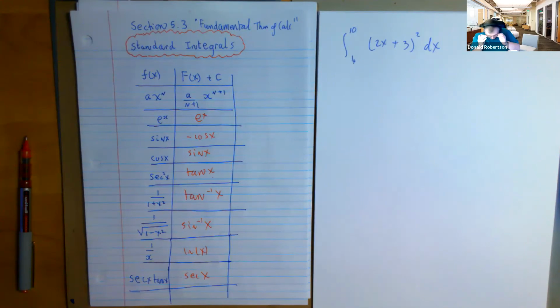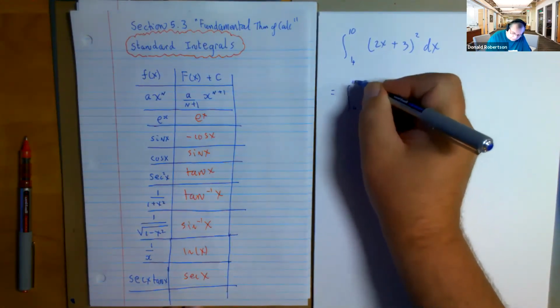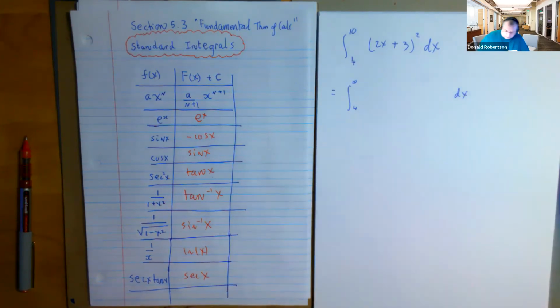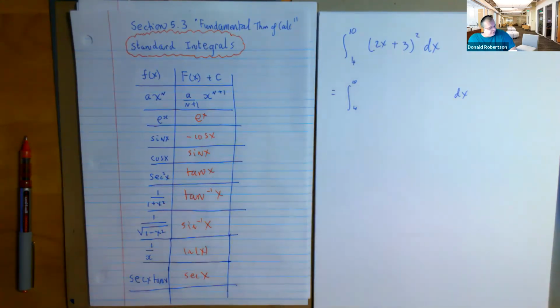How about this guy? Would you agree that I can't do anything in this format? I have to change it into something that allows me again to do the power rule.